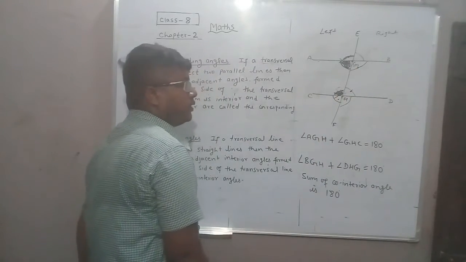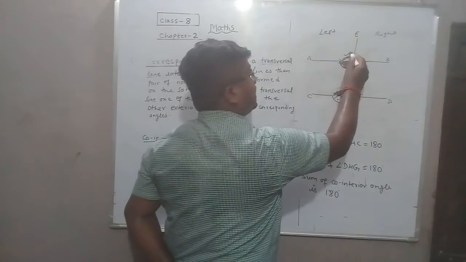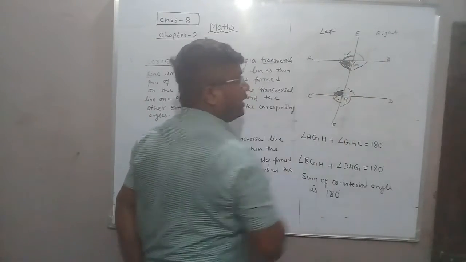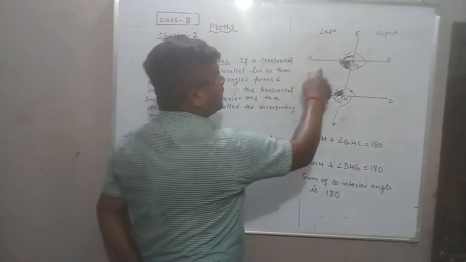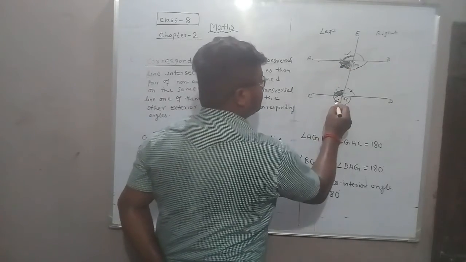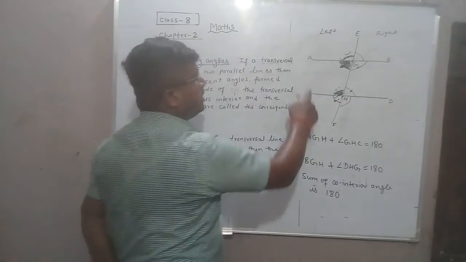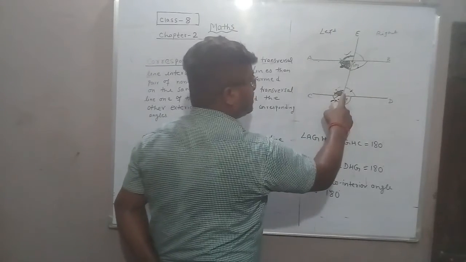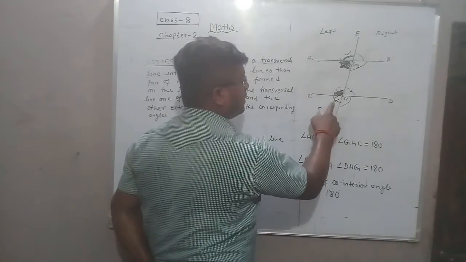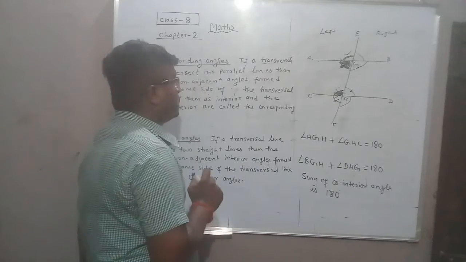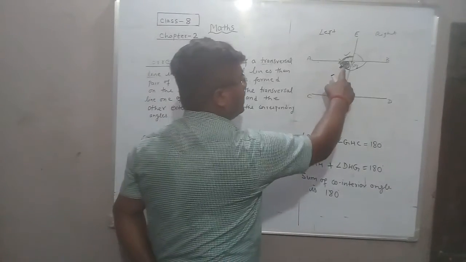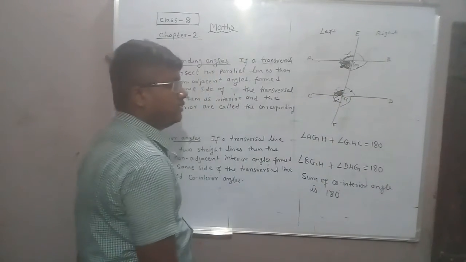While looking at the corresponding angle, one is an exterior angle and another is an interior angle. Similarly, AGH and CHF are also corresponding angles. So one is interior, another is exterior.